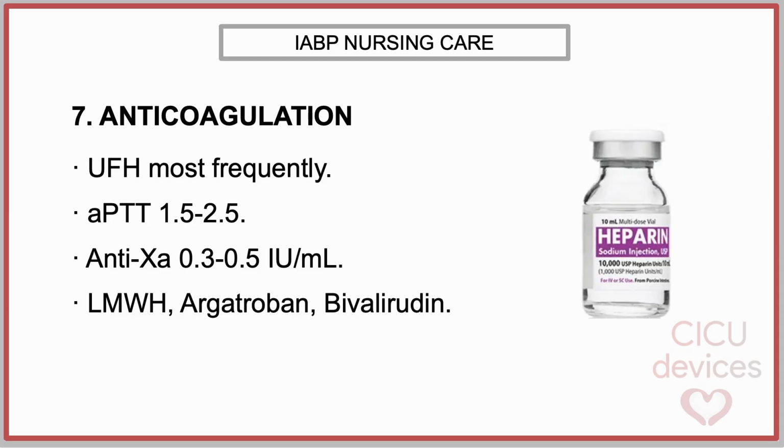Therefore, monitoring with anti-factor Xa levels is recommended at least once daily, with target levels typically between 0.3 and 0.5 international units per milliliter. Low molecular weight heparins and direct thrombin inhibitors, such as argatroban or bivalirudin, are not routinely used for IABP anticoagulation, but may be considered in certain cases according to institutional protocols.